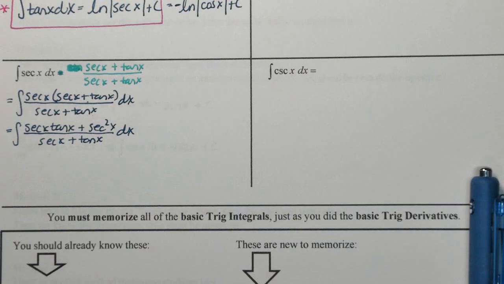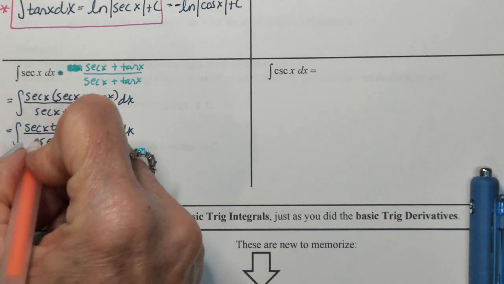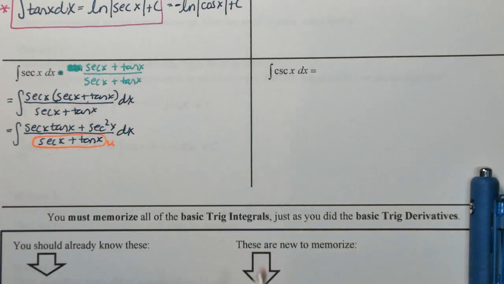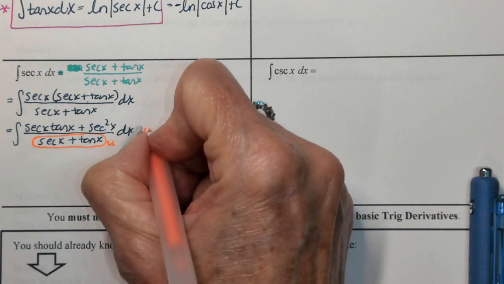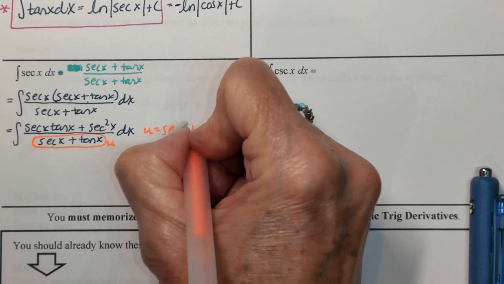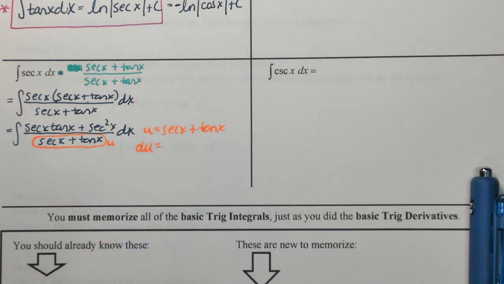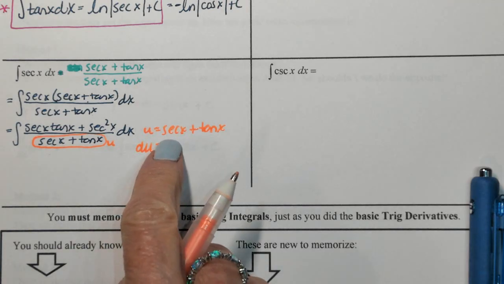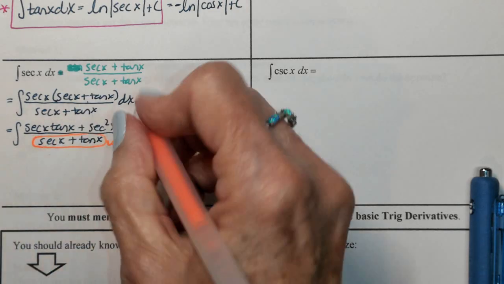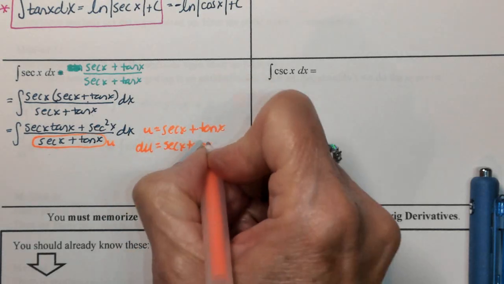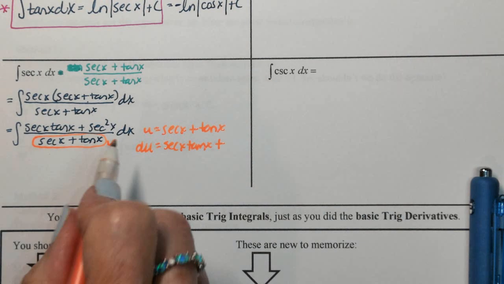And now I'm going to do a u sub. I'm going to let u be the entire denominator. So u is equal to secant x plus tangent x, and what is du? What's the derivative of secant? Secant tangent. Plus, what's the derivative of tangent?